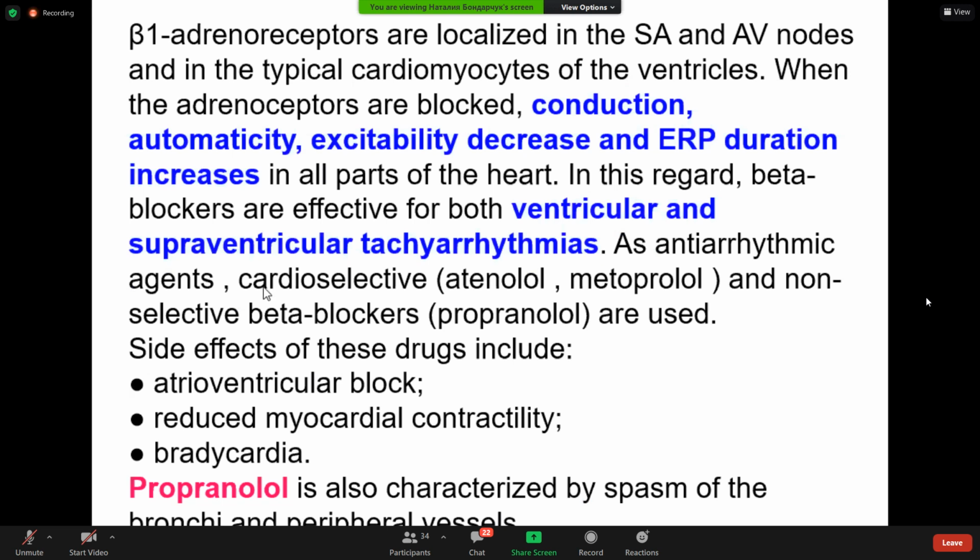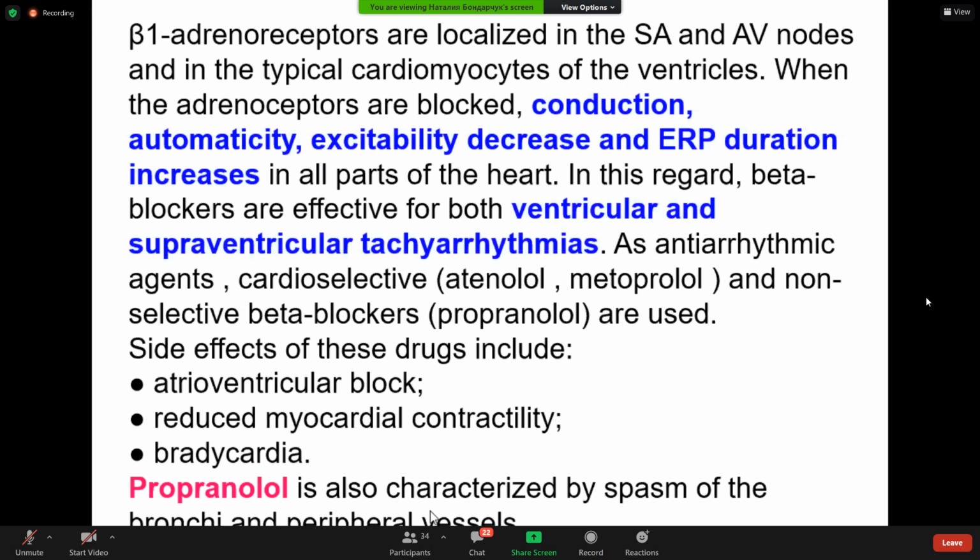So if we are speaking about beta-1 receptor inhibition, all such adverse effects will be due to the action of propranolol on the heart: AV block, reduction of myocardial contractility, bradyarrhythmia. Adverse effects due to inhibition of beta-2 adrenoceptors: bronchospasm, cold extremities due to vasoconstriction, hypoglycemia.